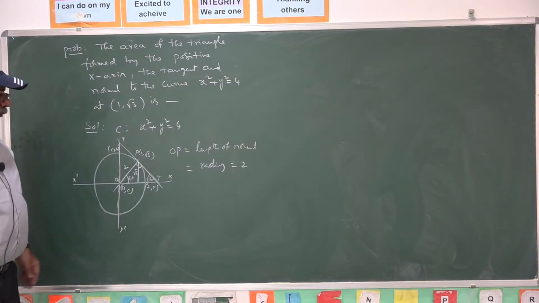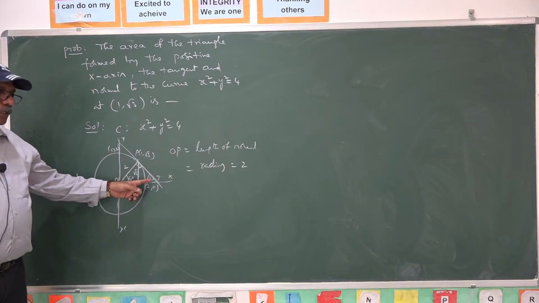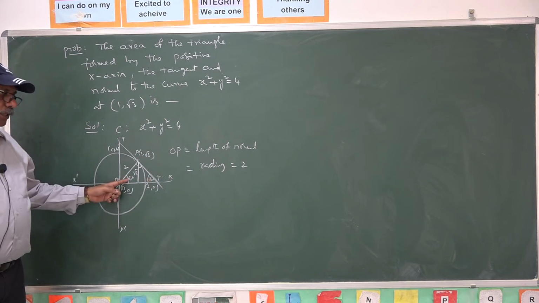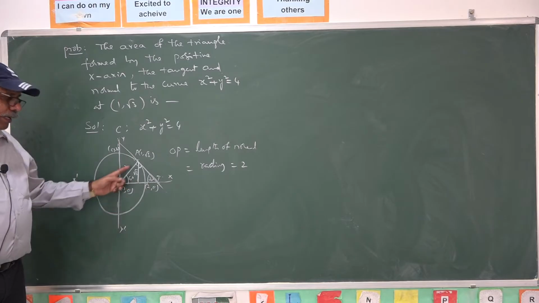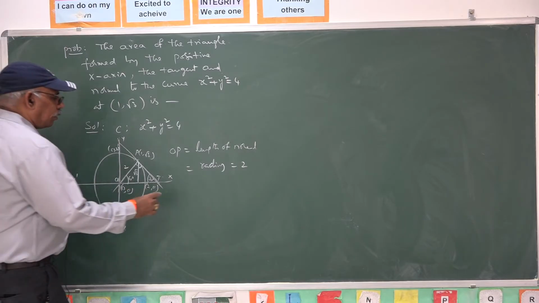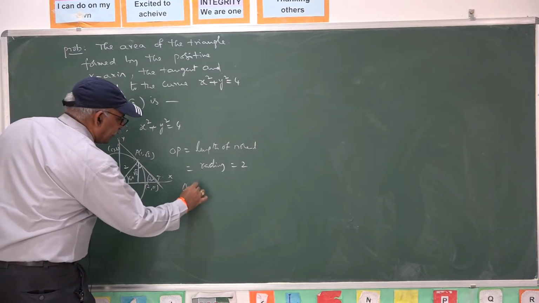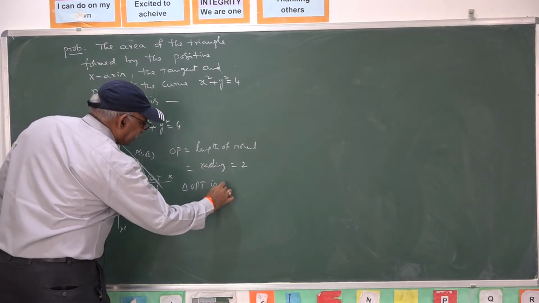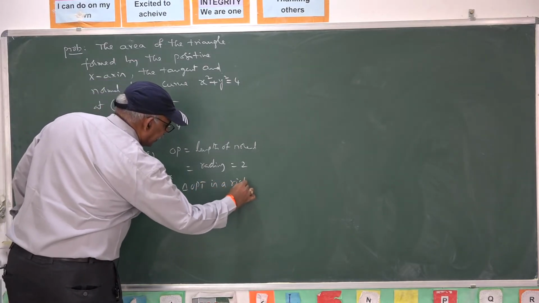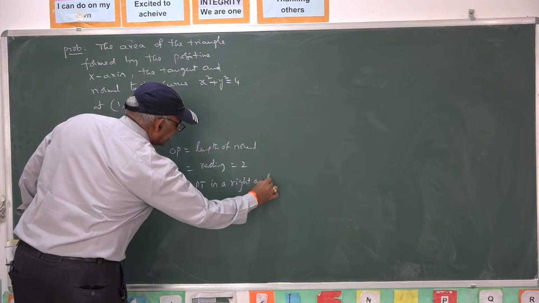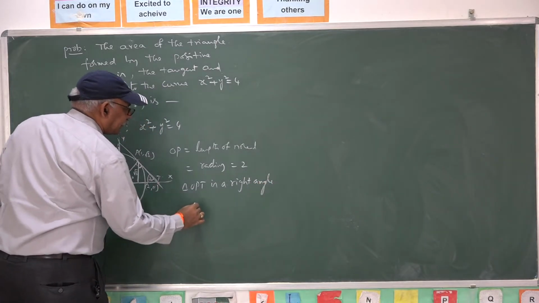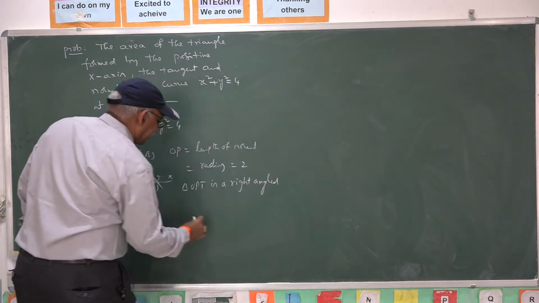So that since this angle is 30 and this is 60, this is a right angle triangle. Triangle OPT is a right angled triangle.